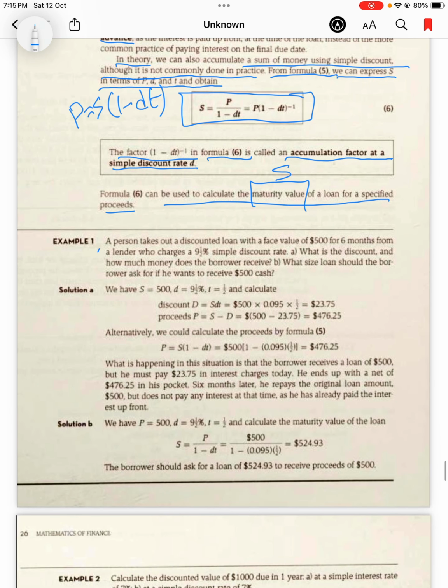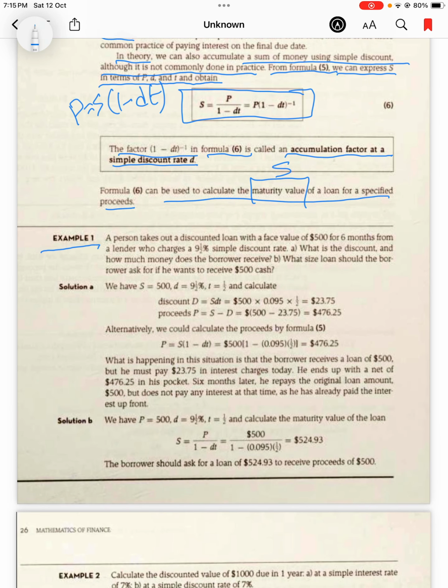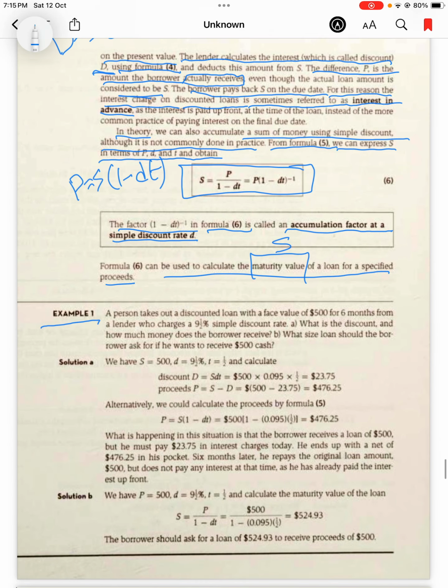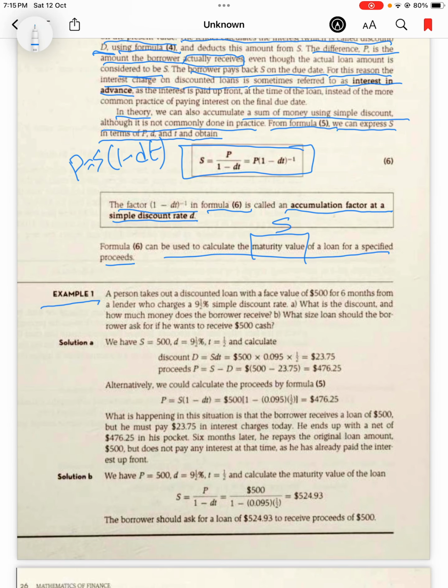Here is example number 1, page 25. A person takes out a discounted loan with a face value of 500 for 6 months from a lender who charges a 9.5% simple discount rate.